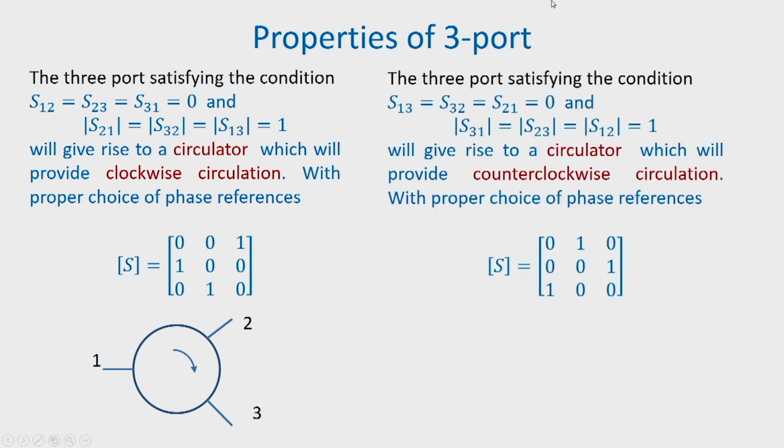If we consider the 3 ports satisfying the condition S13, S32, S21 equal to 0 and S31, S23 and S12 equal to 1, then by proper choice of phase references, we can get an S matrix of this form, and this gives rise to again another circulator, but this time the sense of rotation, or the circulation, is counterclockwise.